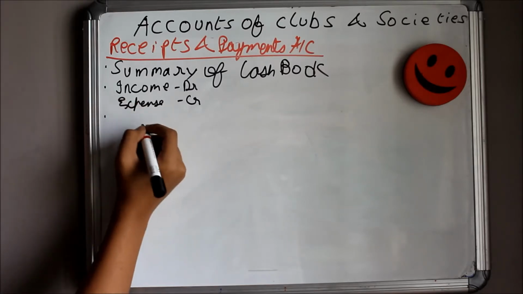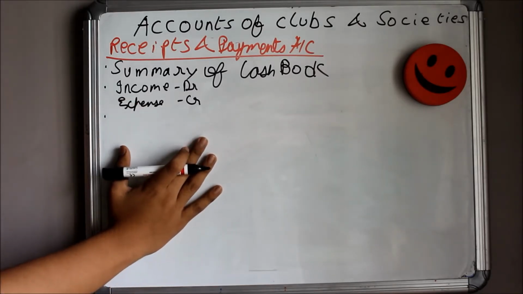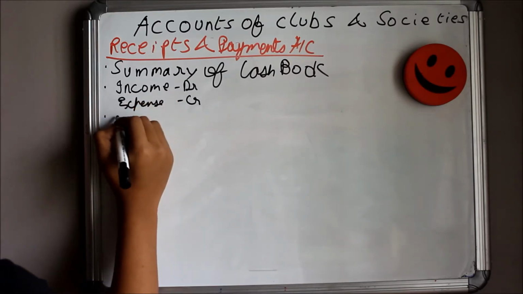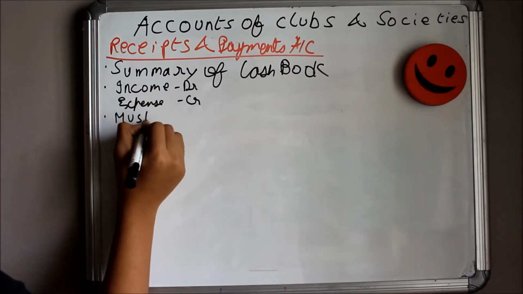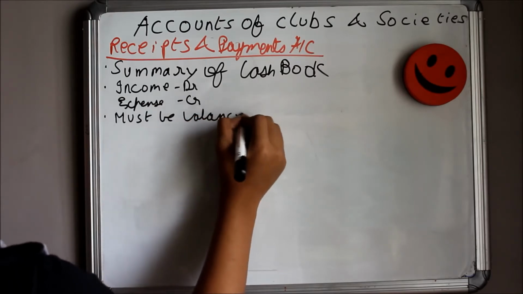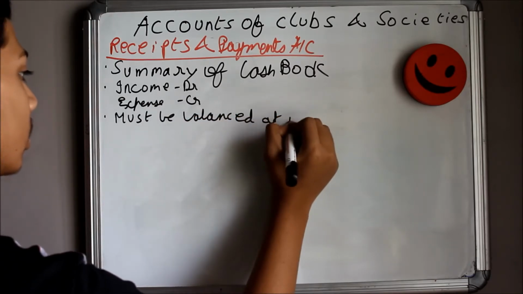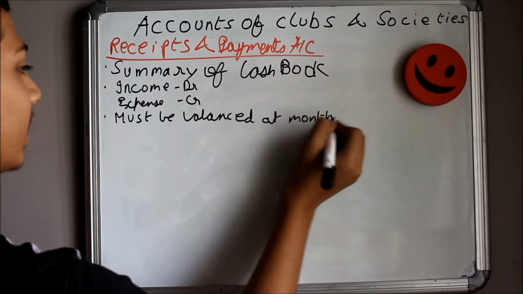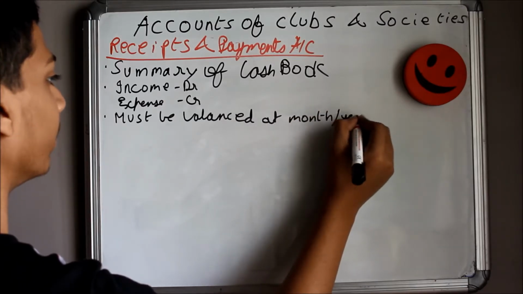And as you know, the receipts and payment account has to be balanced just exactly like the cash book. Must be balanced at month end. Month or year end, it depends on how the businesses decide to keep it in the question.